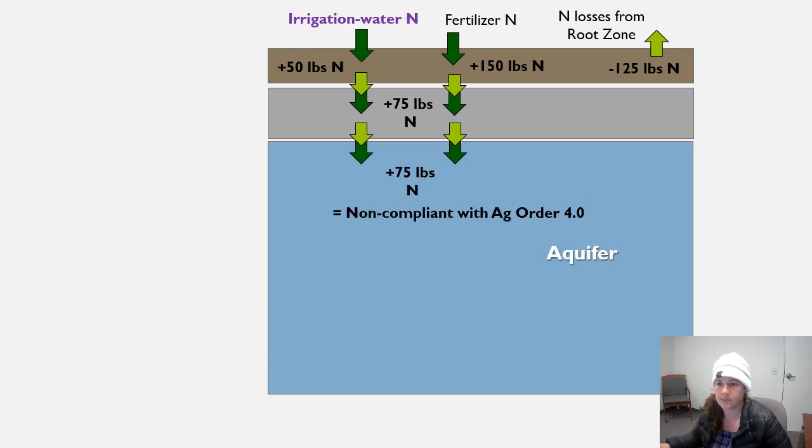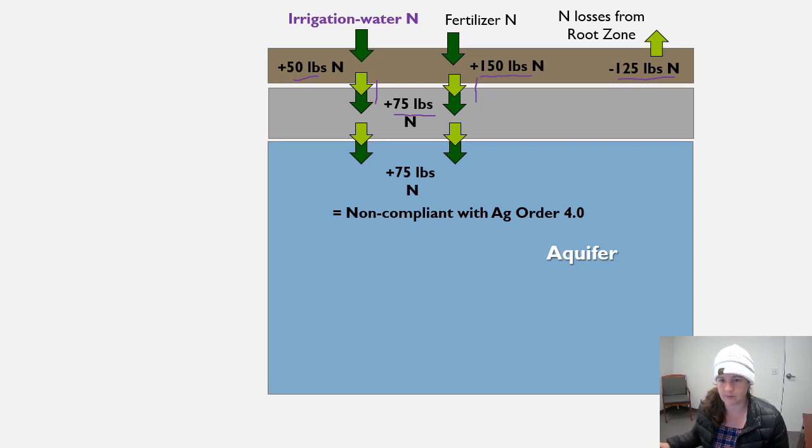So if we take a scenario in which we're applying 50 pounds of irrigation water nitrogen, 150 pounds of fertilizer, and removing 125 pounds in our harvest, that's going to result in a calculation of 75 pounds of N leaching down from the root zone into the vadose zone. Let's just say, for the sake of simplicity, denitrification and recharge don't factor into anything.